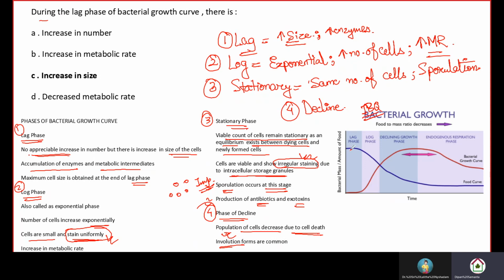Like you can see the lag phase, there will be no increase in number of cells. Bacterial mass. Another graph is like this. This is the bacterial growth curve.